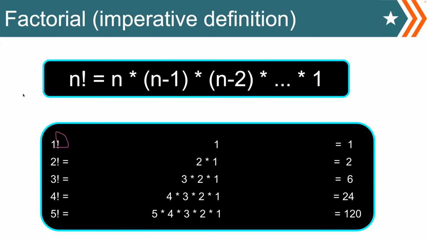This is a classic programming problem to implement or think about. How would we define this? It's a little bit more math, but not too much. N factorial is n times n minus 1 times n minus 2 times, and then dot, dot, dot, meaning basically everything else.